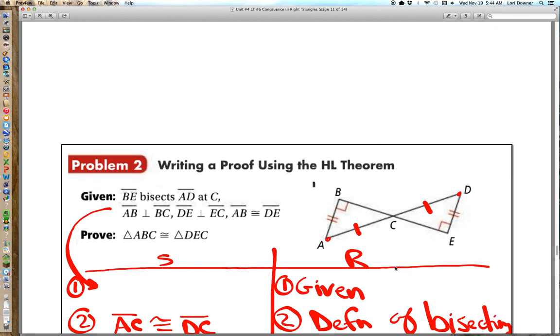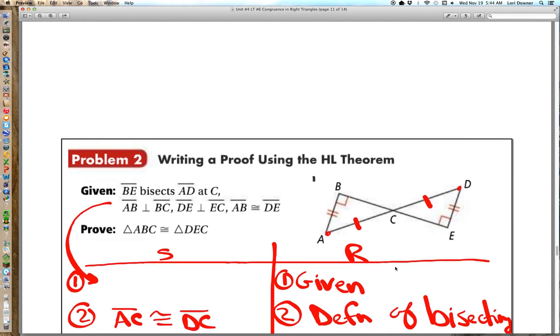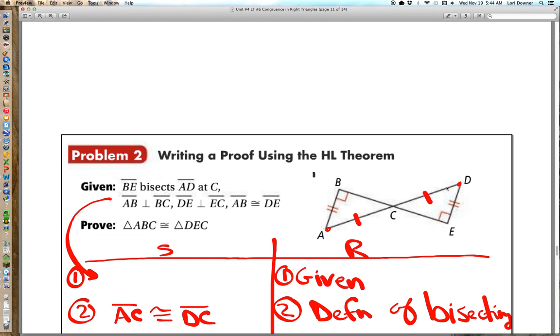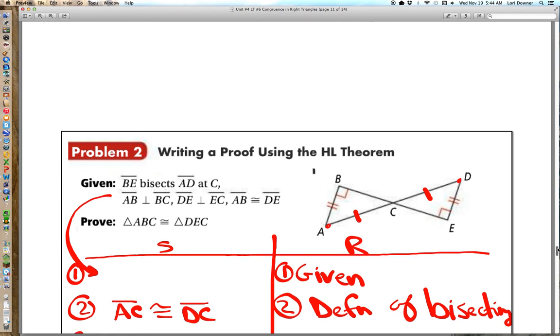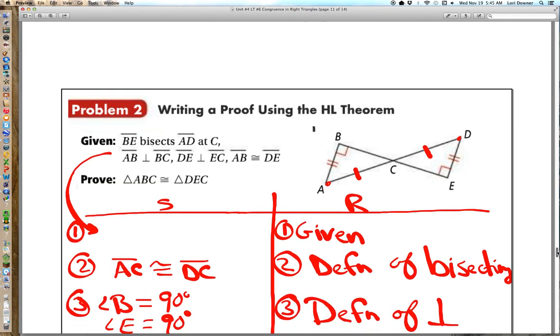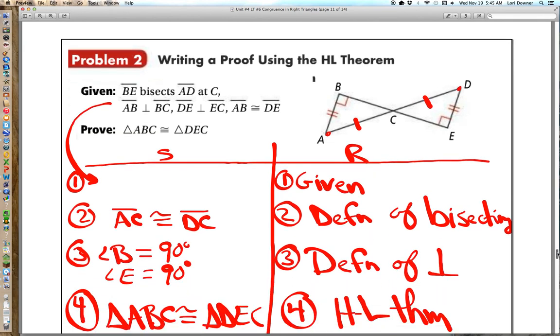So our next statement can be that AC is congruent to DC by definition of bisecting, because BE bisected AD, it cut it in half, making AC congruent to DC by definition of bisecting. So now we've got two triangles where the hypotenuses are congruent and the legs are congruent.